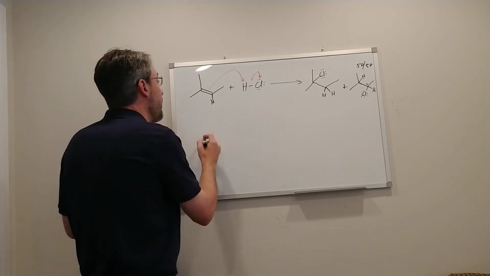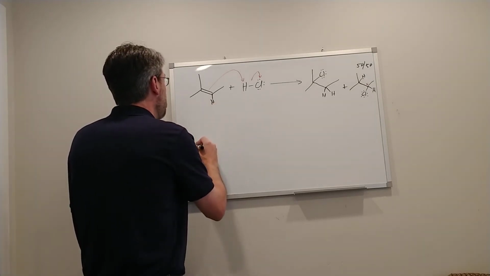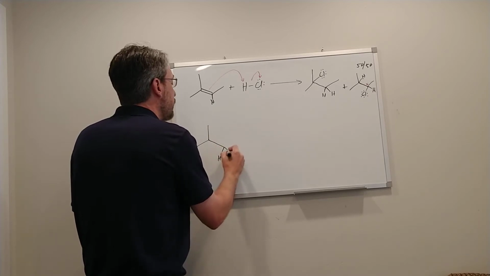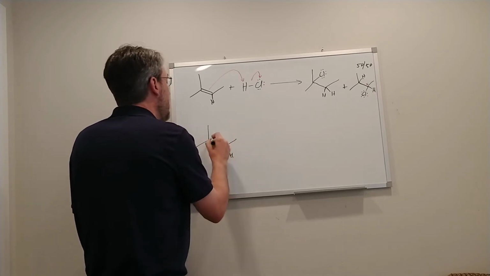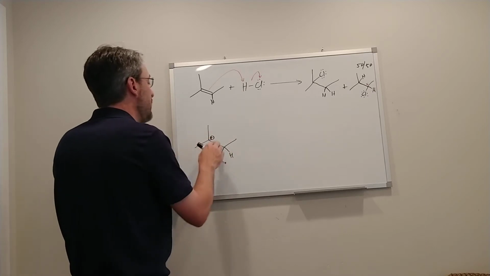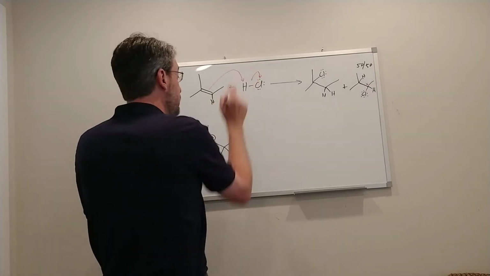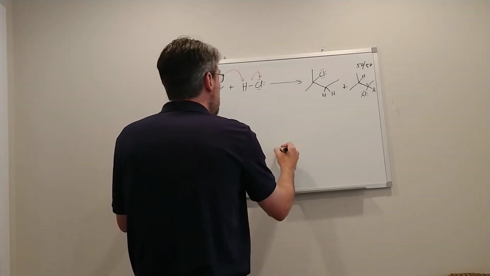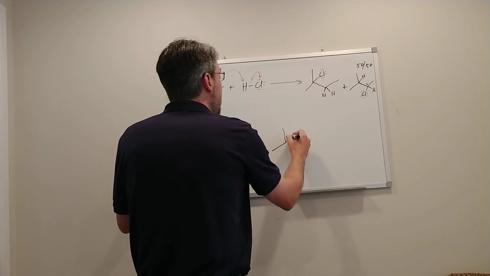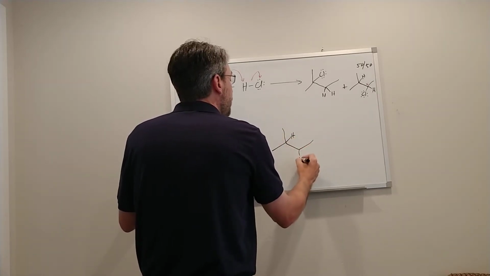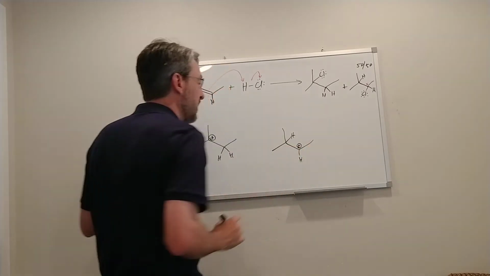So what we have after that again is two possibilities, right? We have the possibility where the H adds to the right-hand end of the alkene, and our carbocation is here, right? Again, that's one possibility. Okay, there's our plus charge. Or, again, those same arrows could lead to a second one where the H adds to this end, and our carbocation is here.